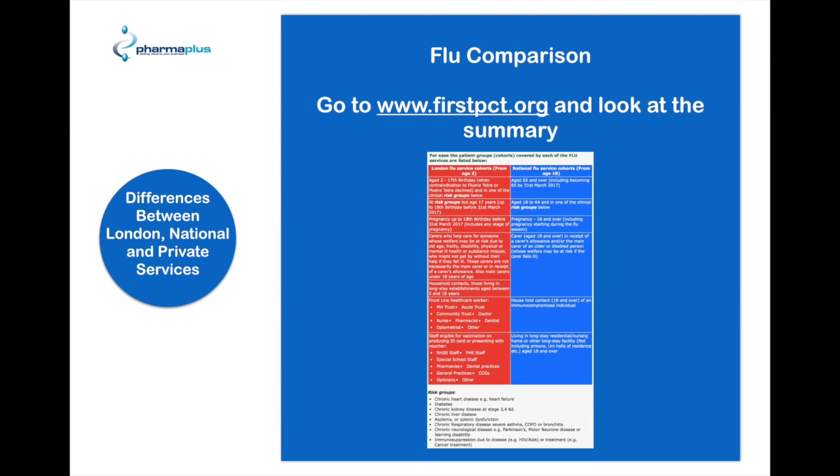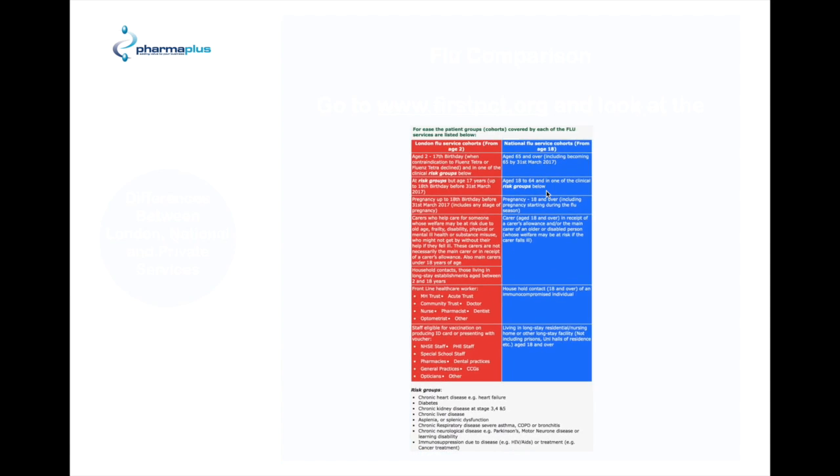Now, when you go on to the first pct.org website, I'm not going to go into it again, but when you do go into it, you'll see this table. Let me just expand it a bit. I'm not going to go into it in too much detail, but it tells you the differences between the London and the flu cohorts. In other words, when you can actually give those vaccines and when you can't.